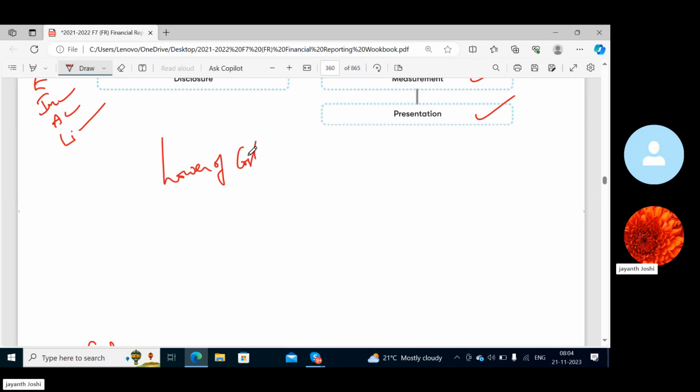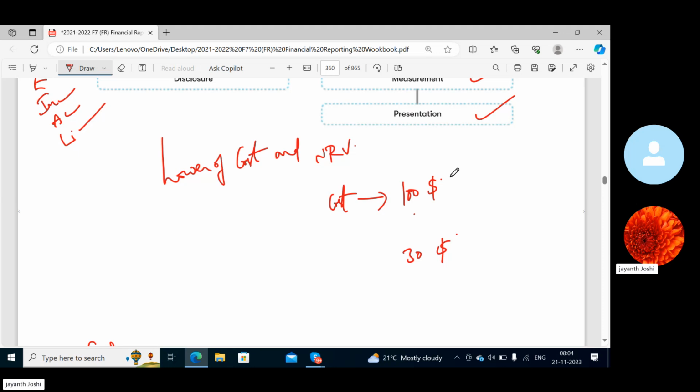See, so lower of cost and NRV. Suppose you bought something for $100, right? This is your cost. Now in the market, the value of this has gone down because it is held for a longer period of time. It has become $30. Now you tell me what makes sense.